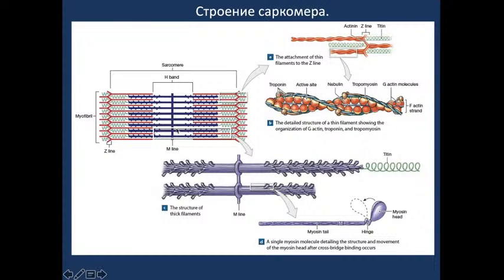So actin and myosin are the two proteins inside each muscle fiber, and both thin and thick filaments are directly involved in the contractile process.